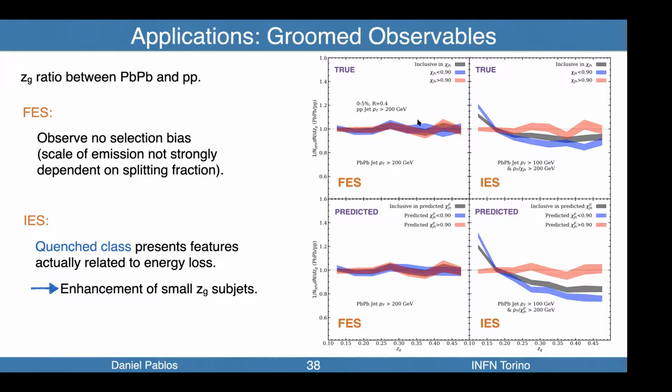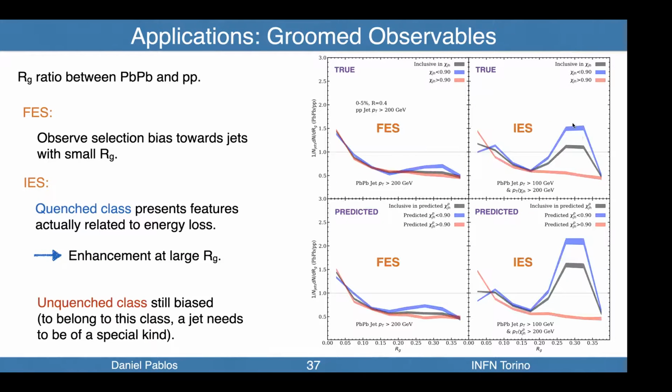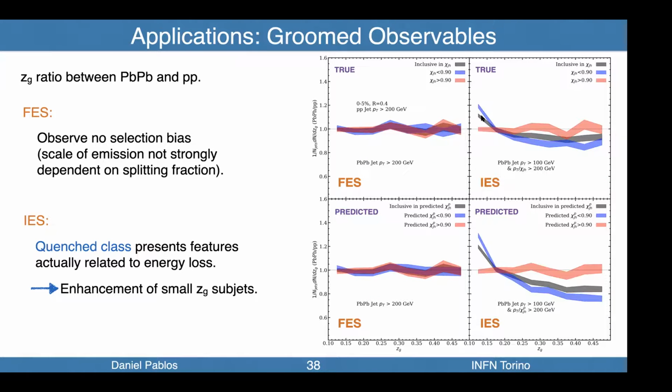That's why the inclusive or the quenched or all of them are consistent with no modification here. In the initial energy selection, when you start looking at jets that actually experience considerable energy loss, you will see an enhancement of the soft ZG. You will see an enhancement of soft subjets precisely at this location, right? This is the angle of that guy, wide angle, soft stuff enhanced.